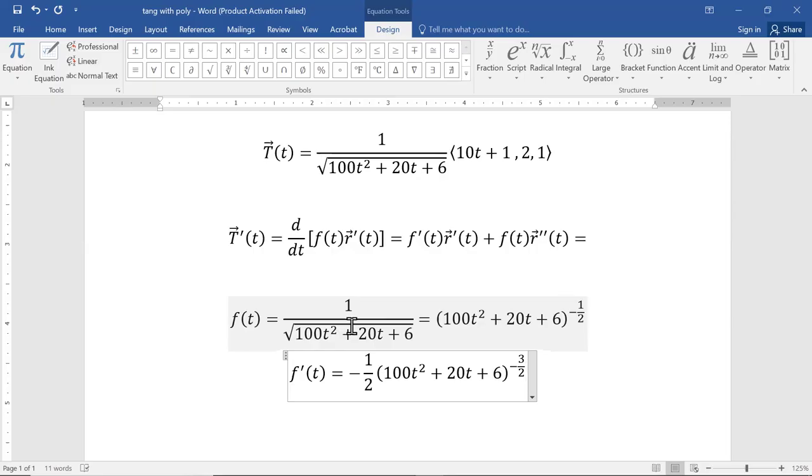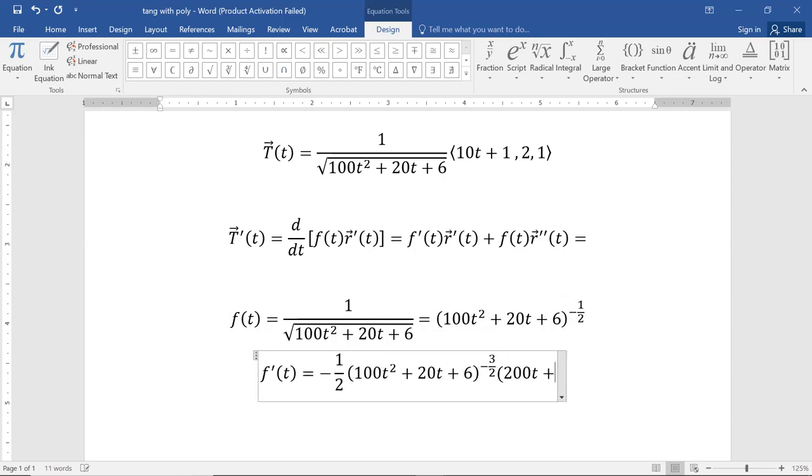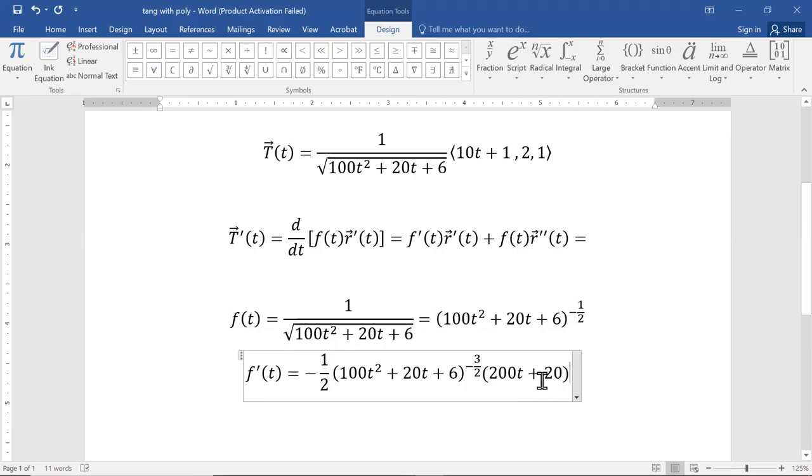Now, I'm sorry, that's multiplied times the derivative of the inside function. I have to do the chain rule. So I have to multiply by 200t plus 20, the derivative of the inside function. I forgot to complete the chain rule.